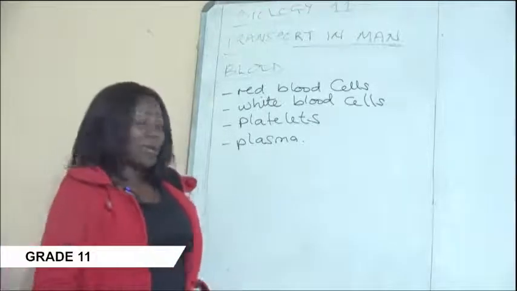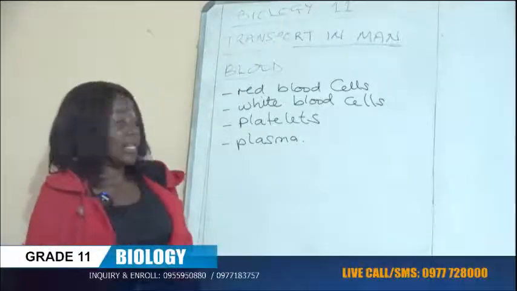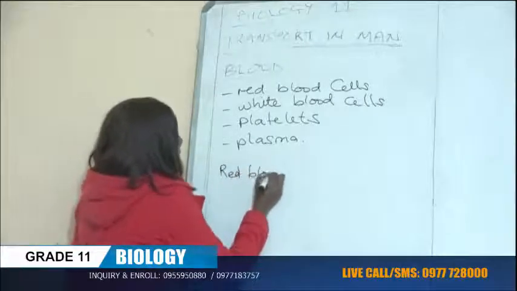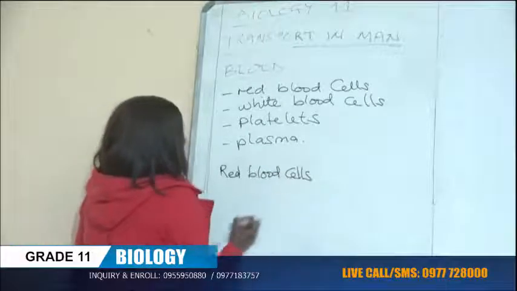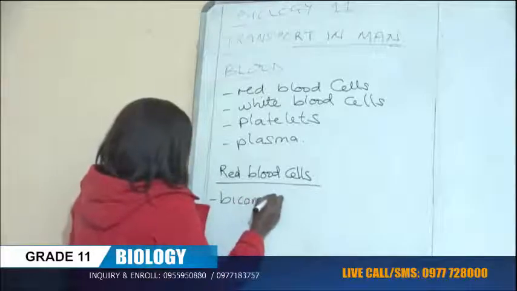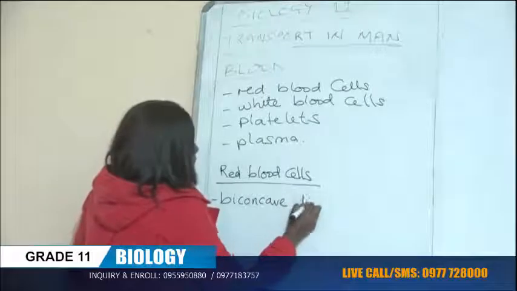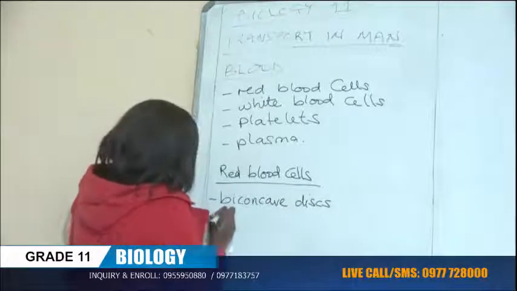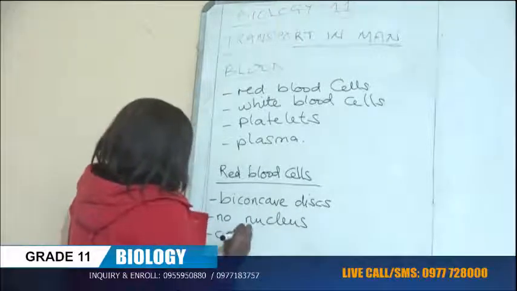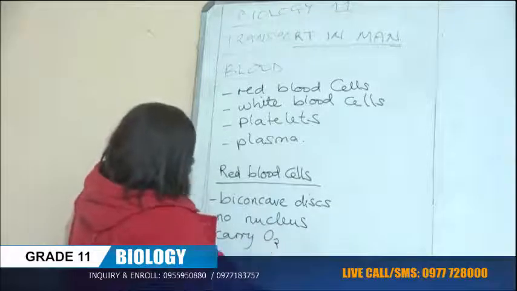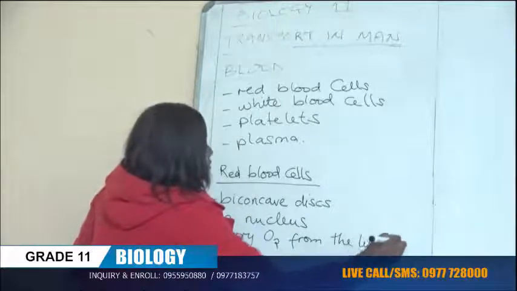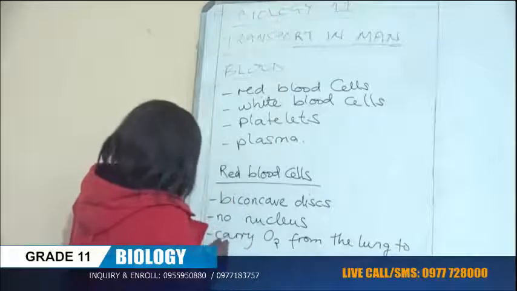So we said these are biconcave discs and they don't have a nucleus, and they carry oxygen from the lungs to the tissue cells.